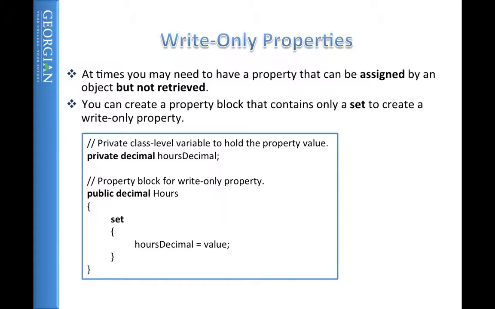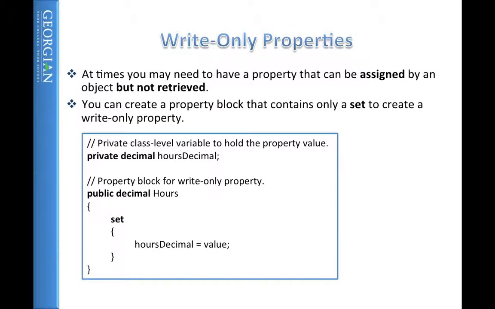Then your setter is going to take the value that you put into it from the outside, back into your private member variable that's going to be part of your class. Okay? So that's write-only. I can write to it, but I can't read from it. So there are different options here. You can set it up so you can do both, and we'll show you how that works.